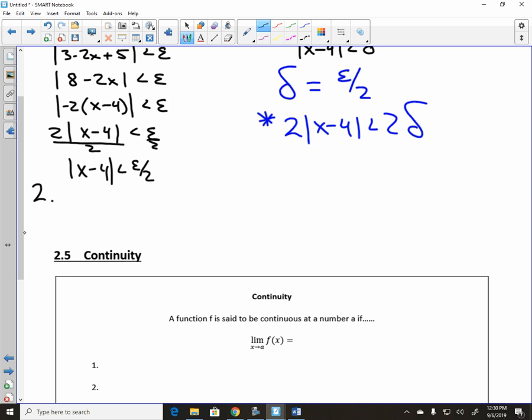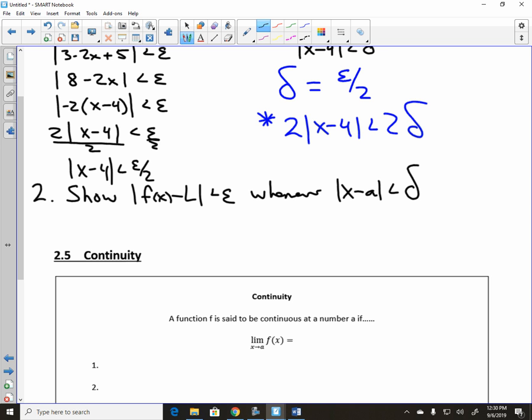Now, number 2, show absolute value of f of x minus L is less than epsilon whenever absolute value of x minus a is less than delta.